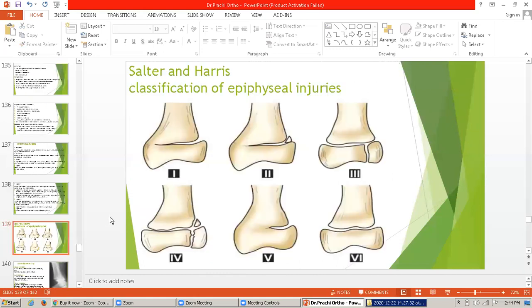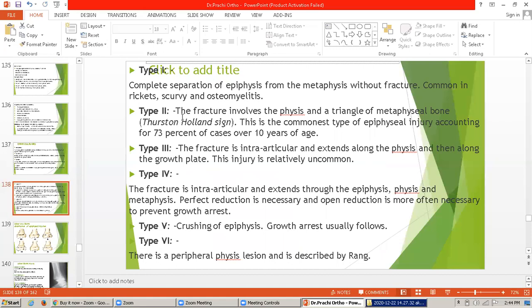Salter and Harris classification of epiphyseal injury shows the first one, this is the second, this is the third, that is more than one fracture. This is the fourth one, that is complete separation of epiphysis from metaphysis.